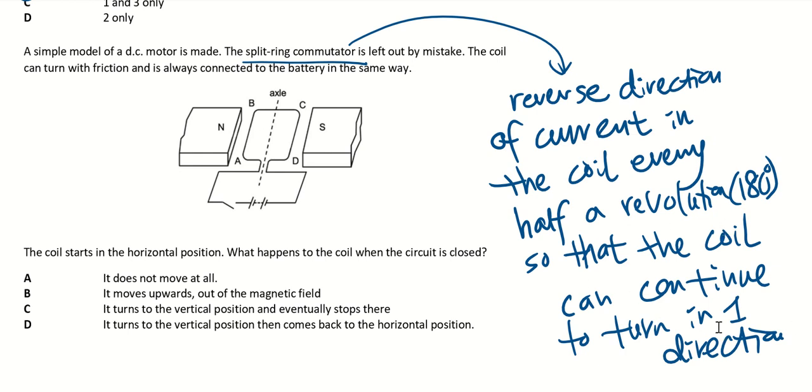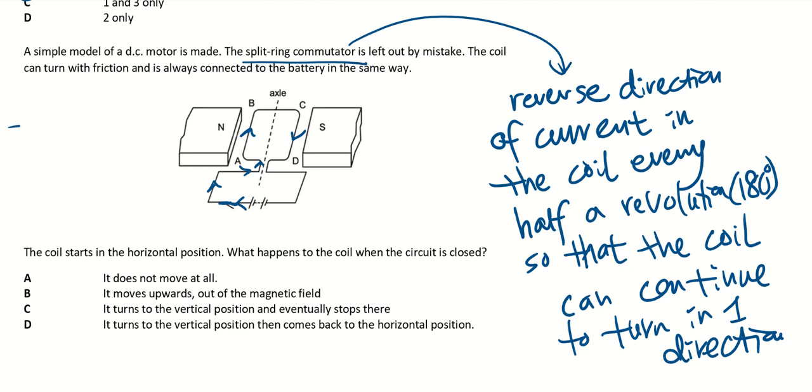Now, in this case, my split ring commutator is left out. Therefore, the current in the coil will not be able to reverse direction. That means the coil may not be able to turn in one direction. Let's see how. When I close the switch, current will flow this way. AB is this way, CD is this way.